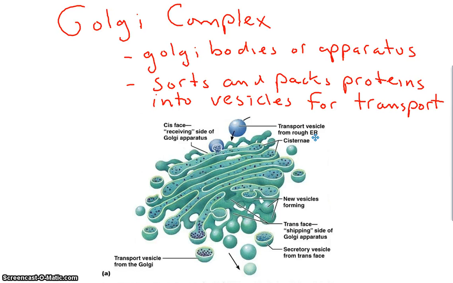And as they work their way through the Golgi apparatus, they reach the trans face. Here's where they're going to be repackaged into vesicles, and they are going to be dragged towards the cell membrane for release into the bloodstream, or sometimes they will be incorporated as new cell membrane.